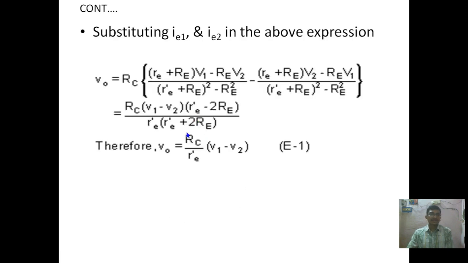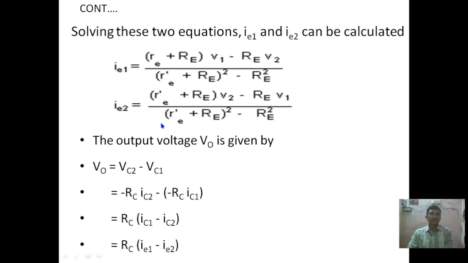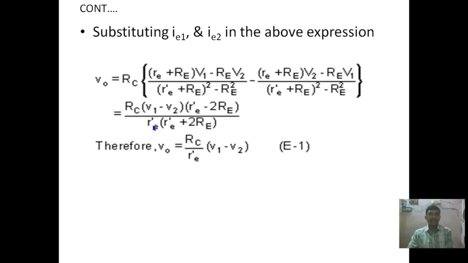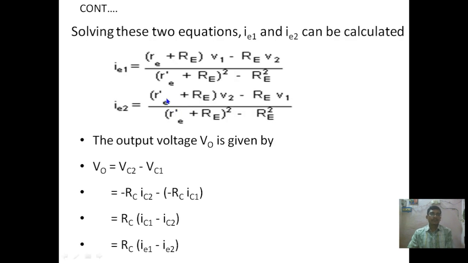If you go to the Ie1 equation, in this Ie1 equation the denominator will be Re dash into Re dash plus 2Re, and in the numerator section, as V2 is equal to 0, we do not have this term. Only this term will be present, V1 into Re plus capital Re.